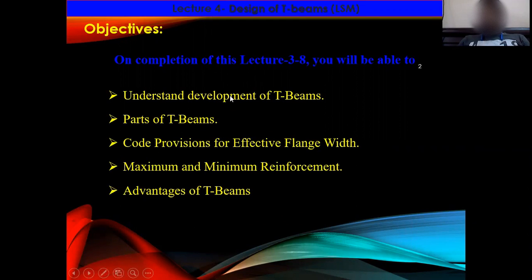Objectives. On completion of this lecture, you will be able to know what is meant by T-beams, where it can be used, and what are the advantages of T-beam, and where we can design as a T-beam, and what are the different component parts of T-beams, and what are the different codal provisions for determining the effective width of flange.